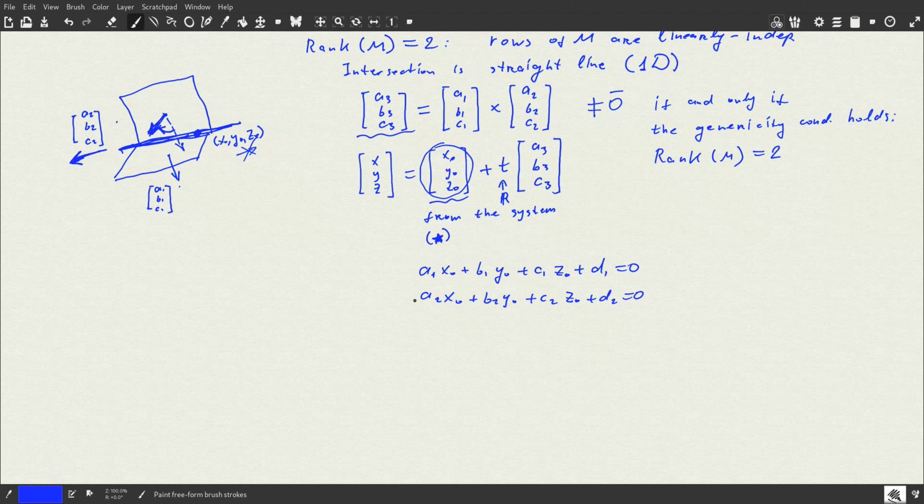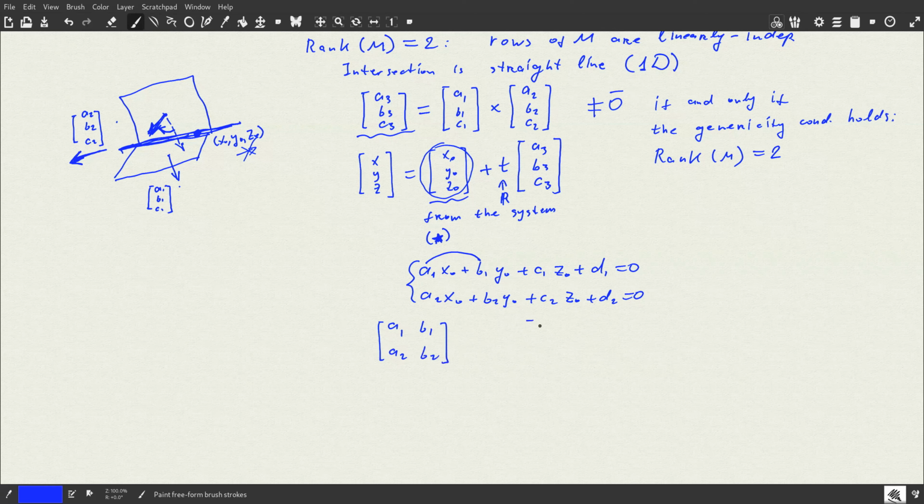So how do we do it? We consider 3 minors of size 2 by 2 in our system. The first one is A1, B1, A2, B2.